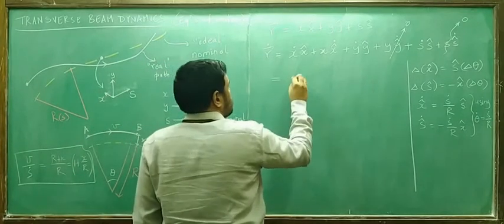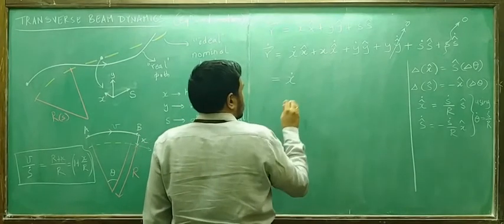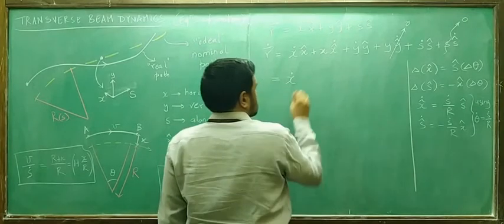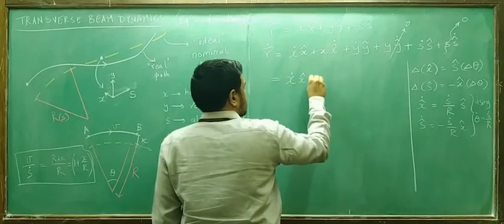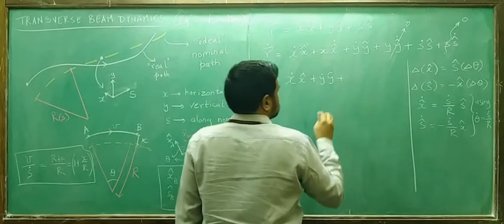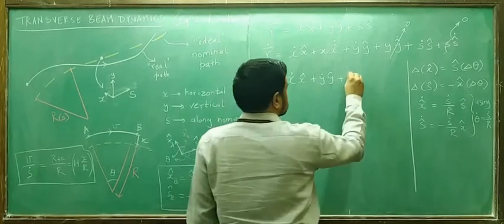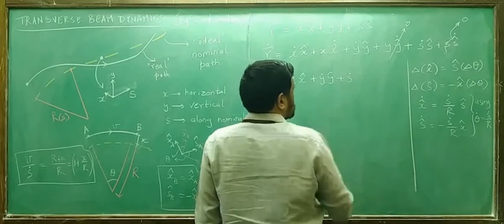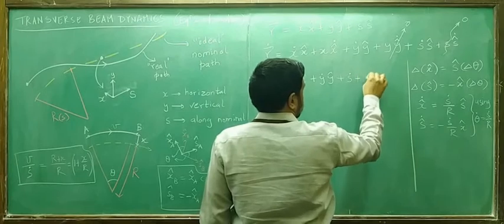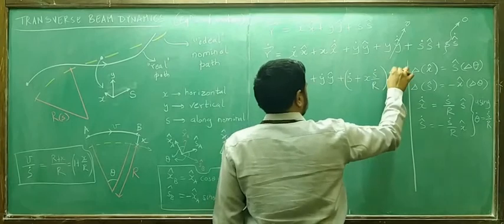And you will get x dot times x hat plus y dot times y hat plus s dot plus x s dot by r times s hat.